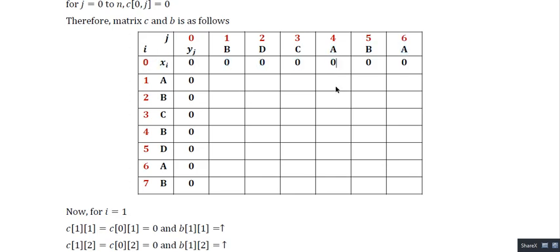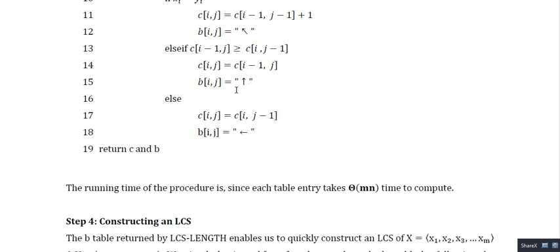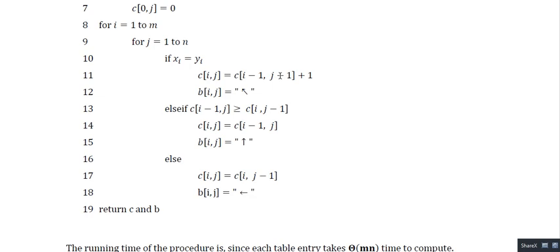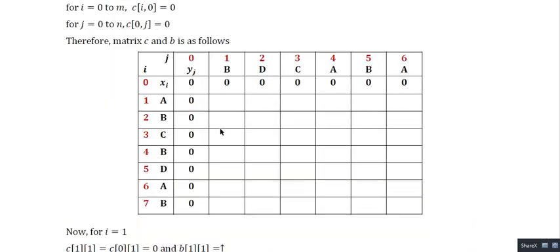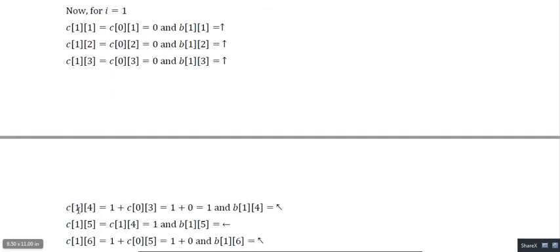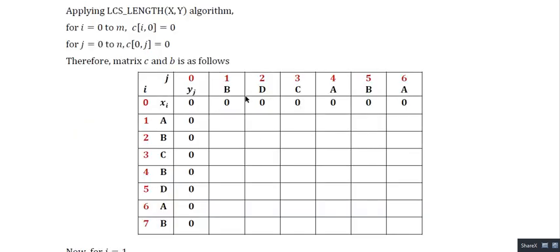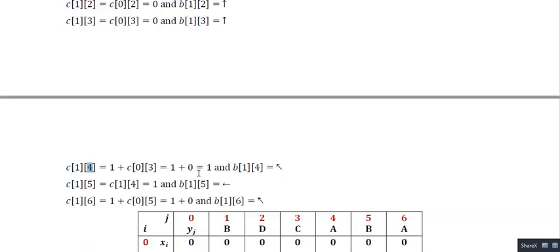So if both match, you have to write C[i][j] equal to C[i-1][j-1] plus 1. So C14 will be 1 plus C[0][3]. So C03 value you know already, it is 0. So 1 plus 0 is 1, and here we have to put this arrow.